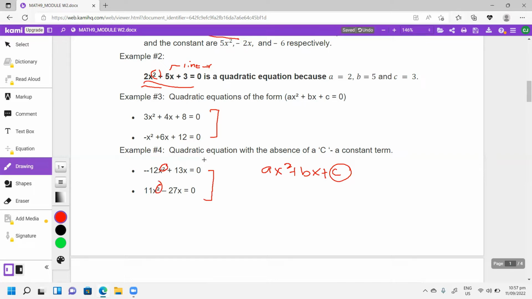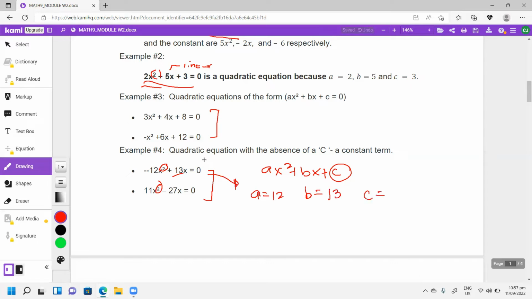But now, ma'am, I cannot see a c. I cannot see a constant term. So what would I write? If we try to identify the a, the b, and c here, our a here is 12, because a is the coefficient of the quadratic term. And our b here is the coefficient of the linear term, and this is our linear term. So our b here is 13.